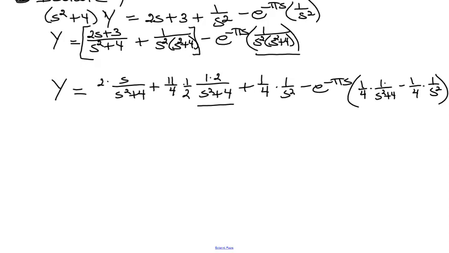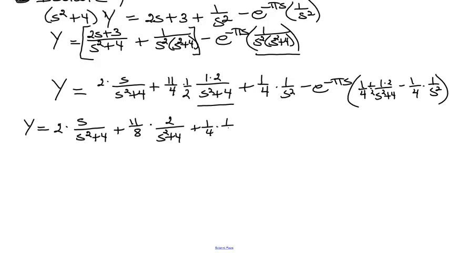I'm going to need a 2. So multiply and divide by 2. So this is now cap y equals 2 times s over s squared plus 4 plus 11/8 times 2 over s squared plus 4 plus 1/4 times 1 over s squared, leaving it that way because it makes it easier to use the rule.